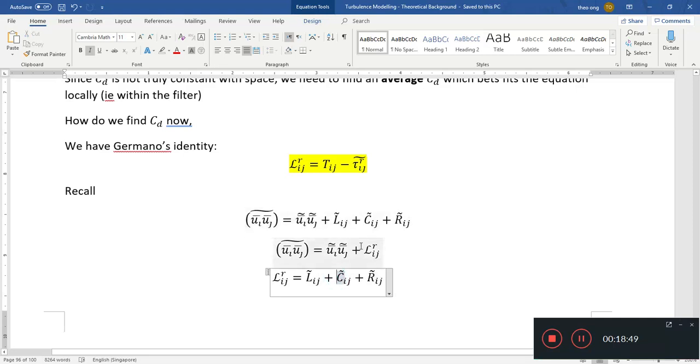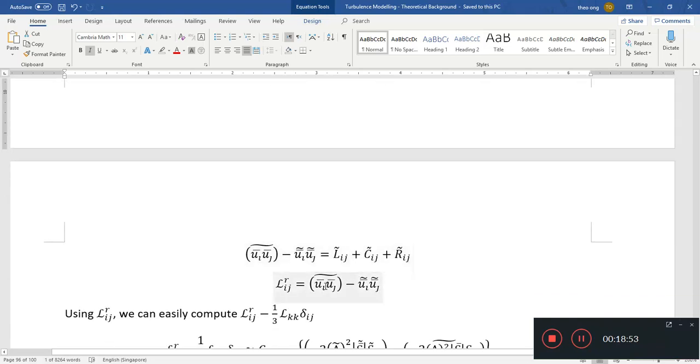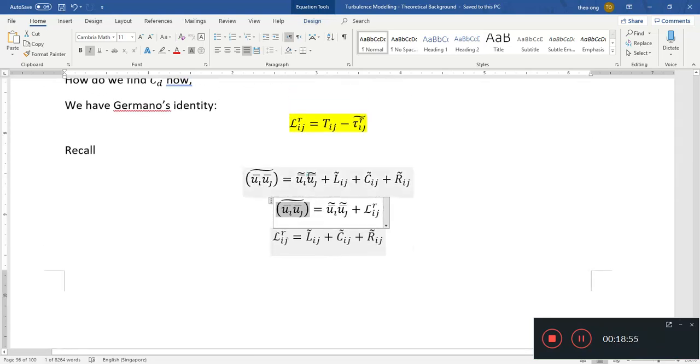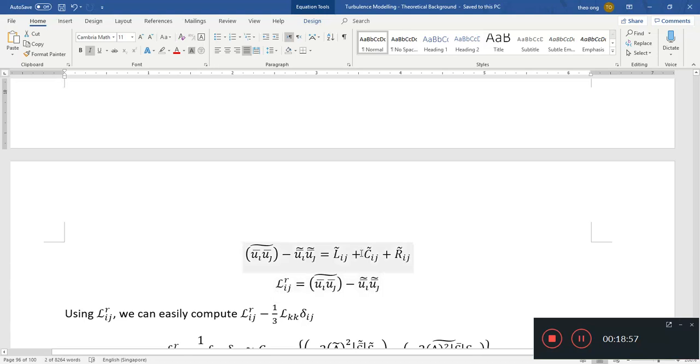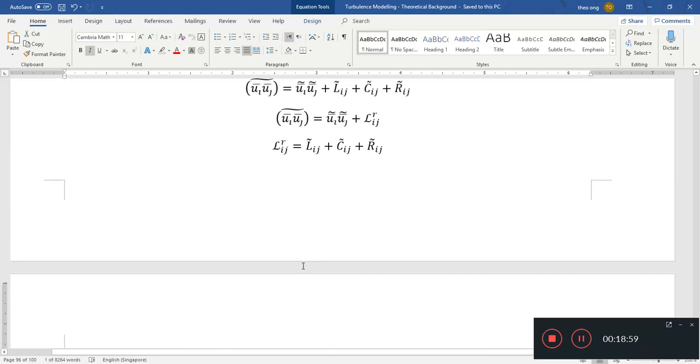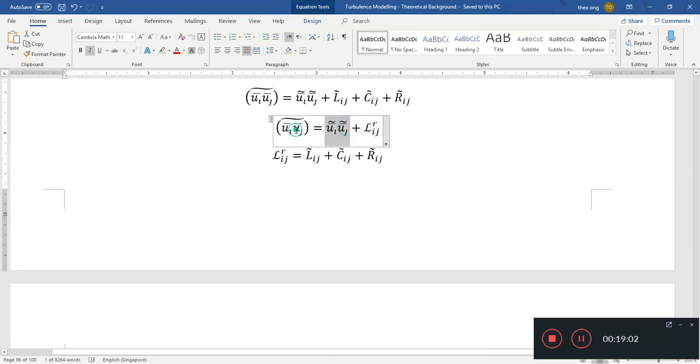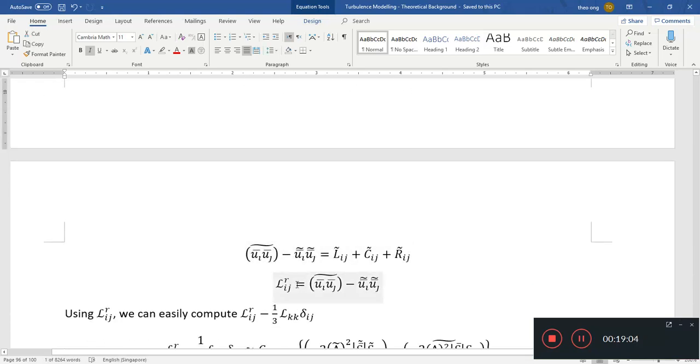So what is Lij? However you arrange these equations, if you bring this part over to the left, you see that Lij equals Ui bar, Uj bar, and you tilde it, which means you filter it a second time.